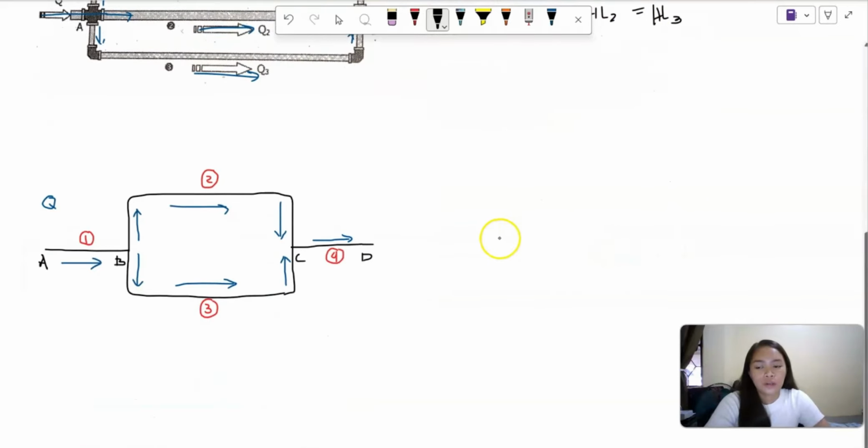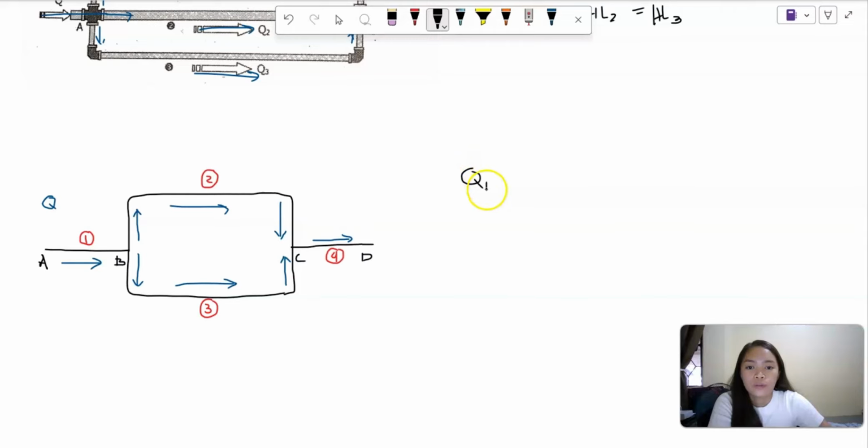For the second figure, we have here a combination of series and parallel pipe flow. This pipe 1 and pipe 4 are in series, and this pipe 2 and pipe 3 are in parallel. As I have said, whatever the Q here is the same as the Q in pipe 4.